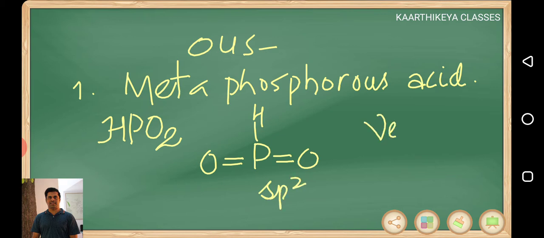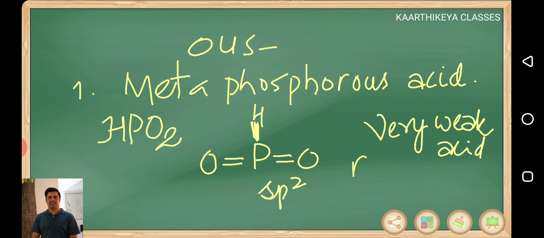It's a very weak acid. And due to this P-H bond, it's going to be a reducing one. It's a reducing agent. Metaphosphorus acid HPO2: reducing agent, weak acid, sp2 hybridization, P-H single bond is there, P double bonds both are there.